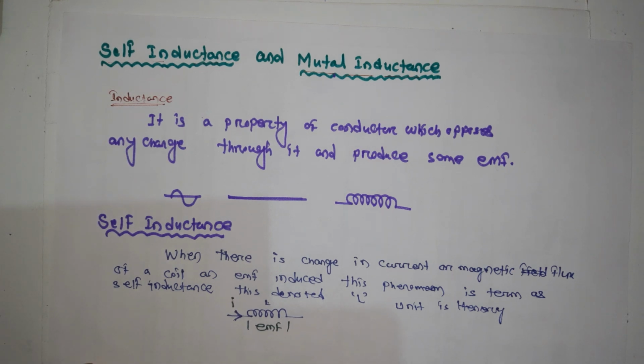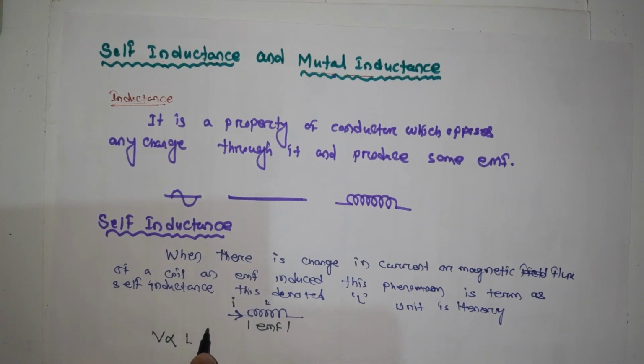According to Faraday law, this voltage is directly proportional to L di by dt. Voltage is directly proportional to the change in current through it.